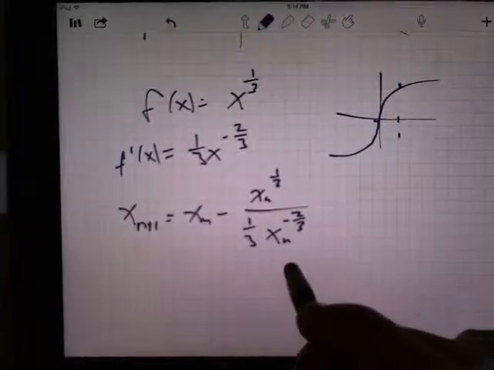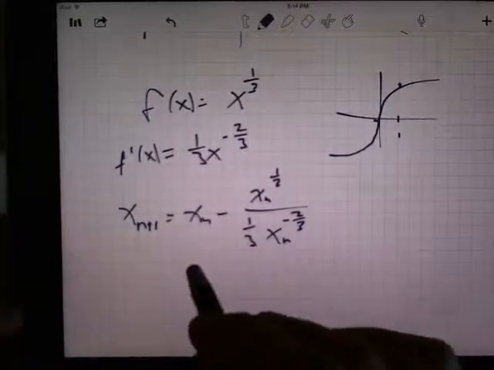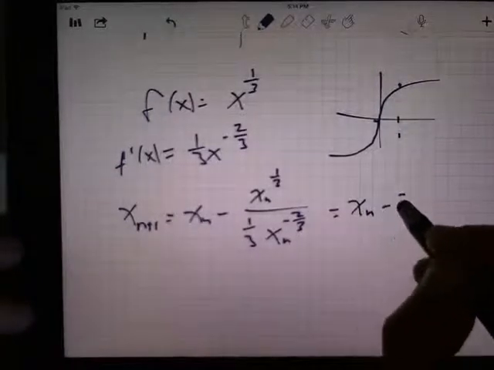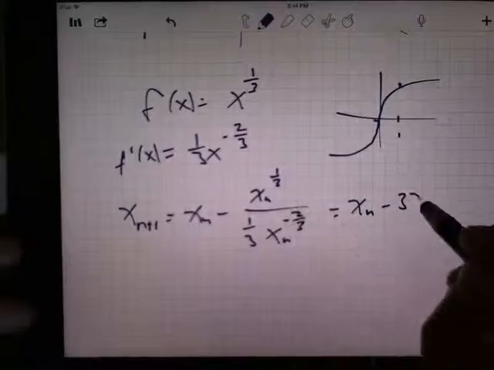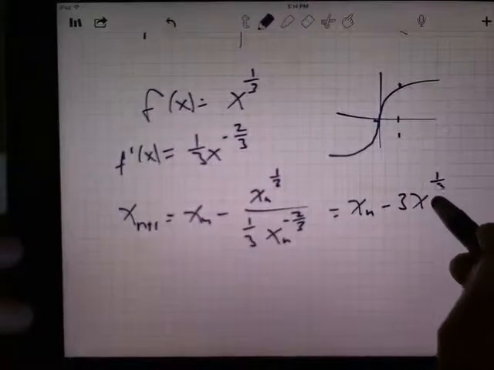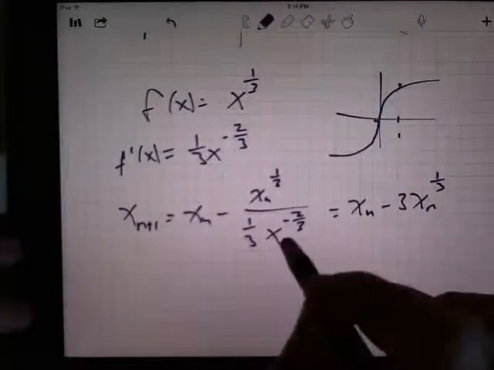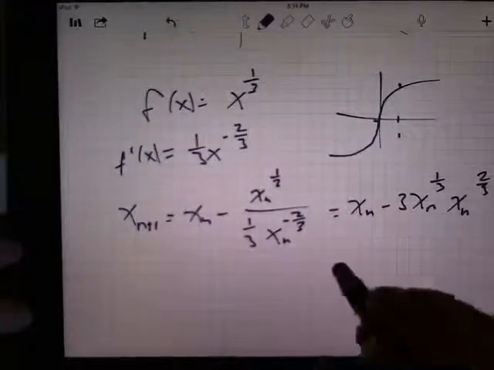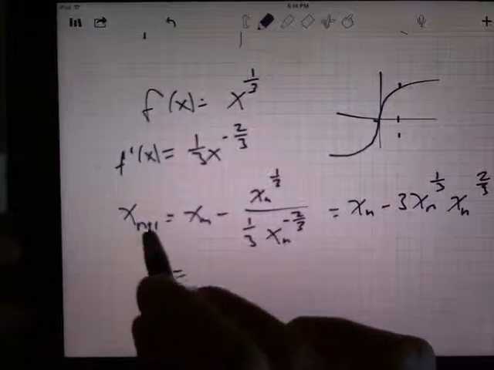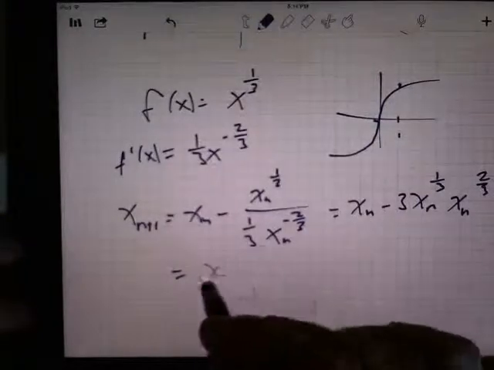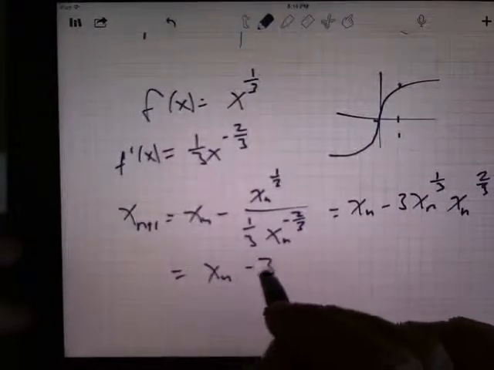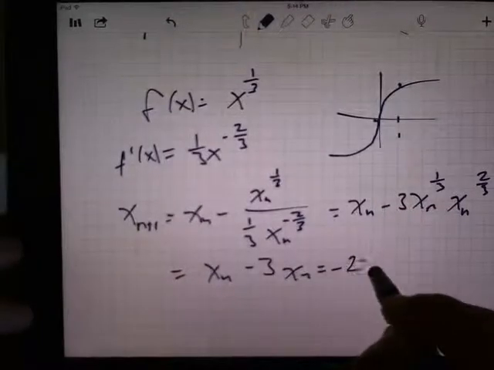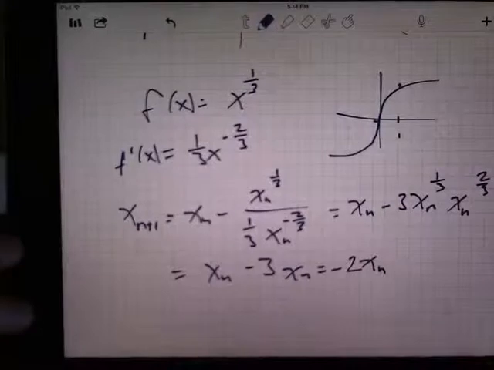It's a negative 2/3 power on the bottom. So anyway, dividing by the 1/3 is the same as multiplying by 3. So this looks like xn minus 3 times. Well, I've got an xn to the 1/3 and a divided by xn to the negative 2/3, which is the same as multiplying by xn to the 2/3 power. So it looks like xn plus 1 is xn minus 3 times xn, which is negative 2 times xn.